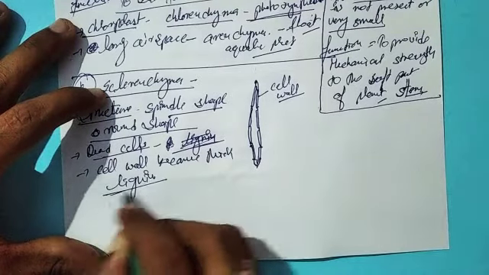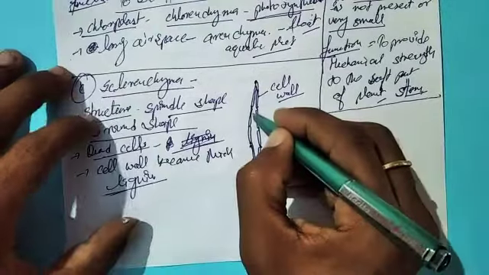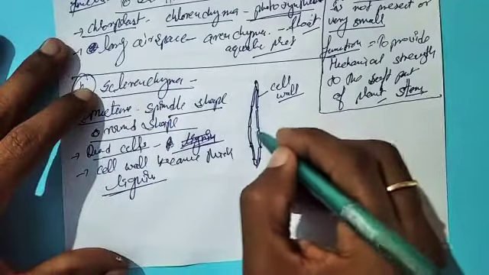Lignin is another type of carbohydrate, and that's why the intercellular space becomes very small.